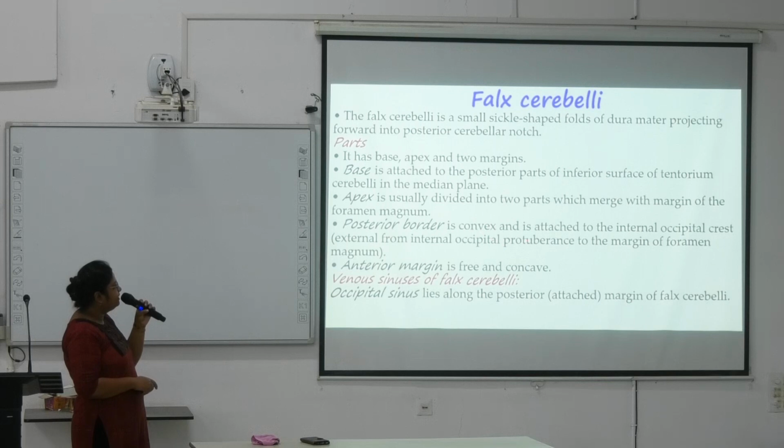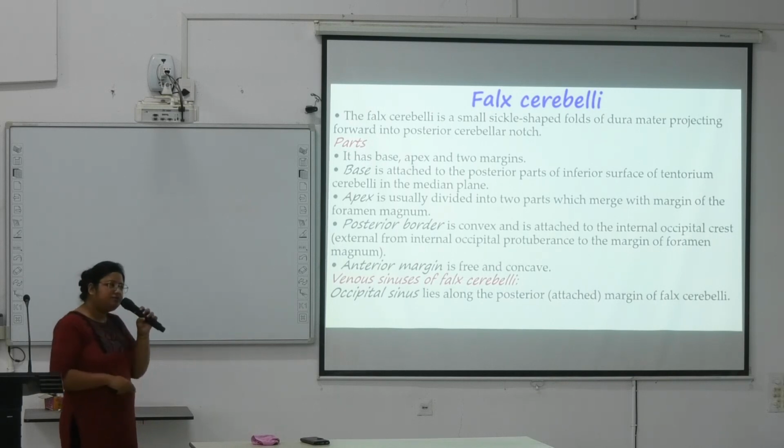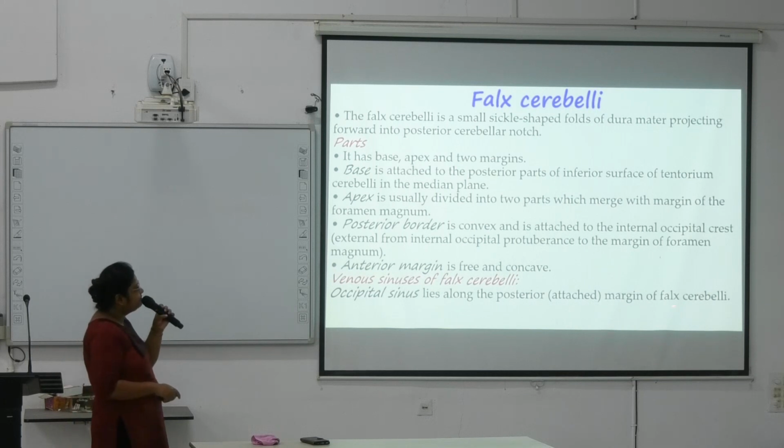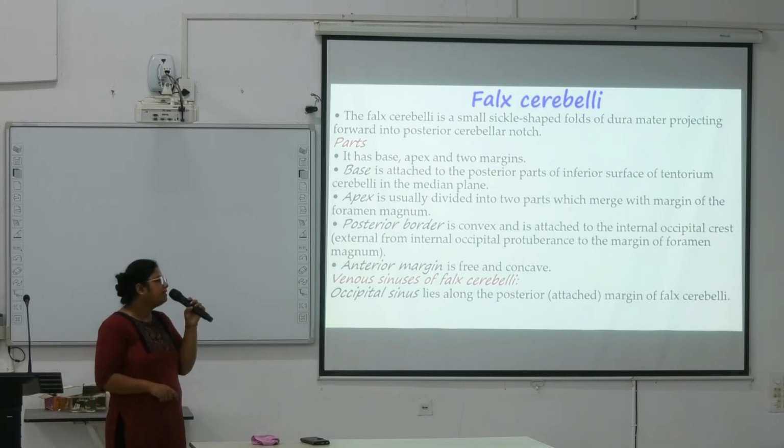Posterior border is convex and is attached to the internal occipital crest, that is extending from internal occipital protuberance to the margin of foramen magnum. And anterior margin is free and concave. Venous sinus related to falx cerebelli is the occipital sinus, which lies along the posterior attached margin of the falx cerebelli.